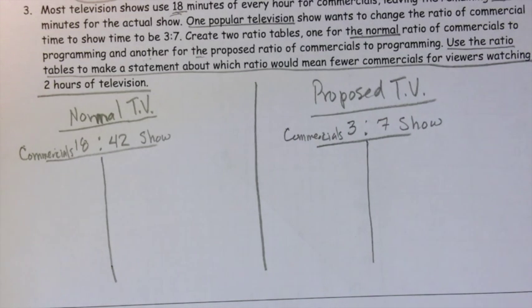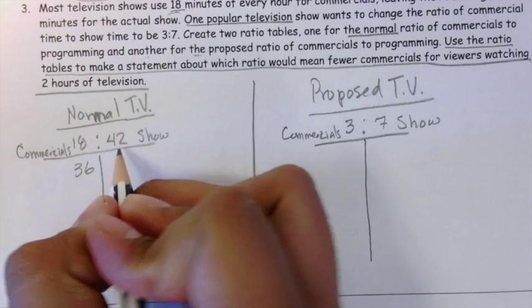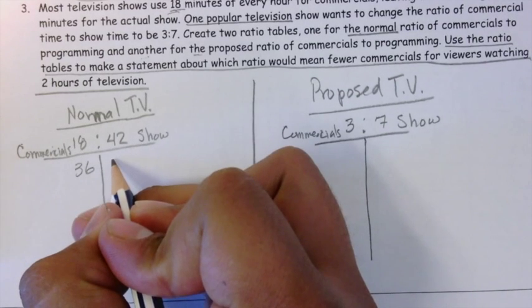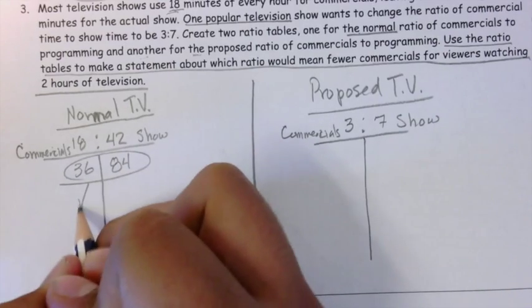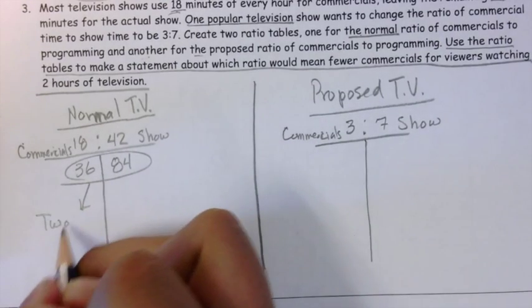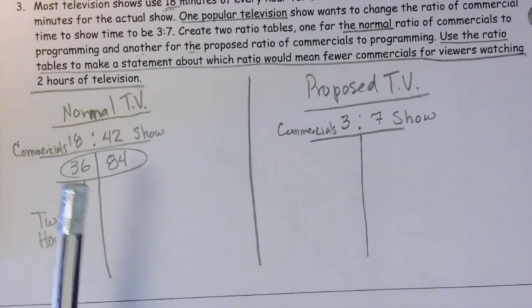Or just add. 18 plus 18 is 36. 42 plus 42 is 84. This is 2 hours. That means 36 minutes of commercials and 84 minutes of the actual television show.